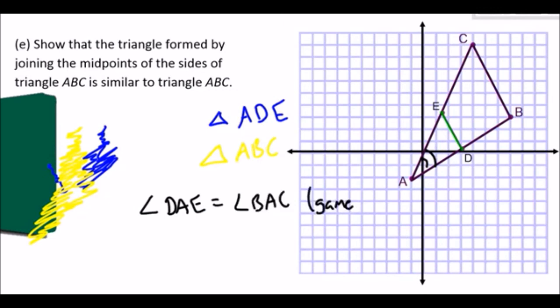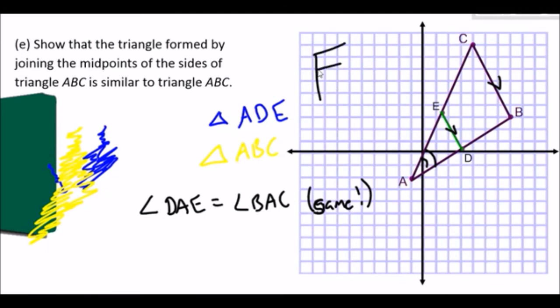Now, because we know from a previous question that DE is parallel to BC, I know that this line segment must meet side AB at the same angle as this line segment. In other words, or more familiarly, according to the parallel line theorem F pattern, so again, let me just show you what that looks like.